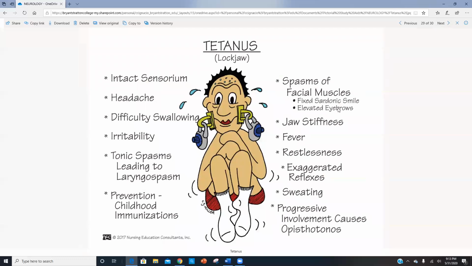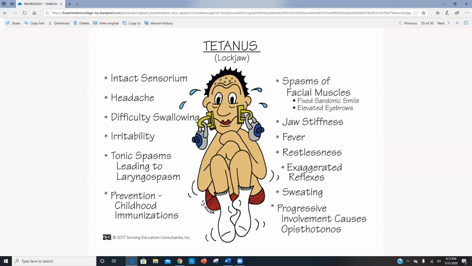Next we have tetanus, also known as lockjaw. This patient will have facial spasms, jaw stiffness, fever, restlessness, and sweating, also known as diaphoresis. Progressive involvement of the body is going to occur. There is a prevention of tetanus, right?